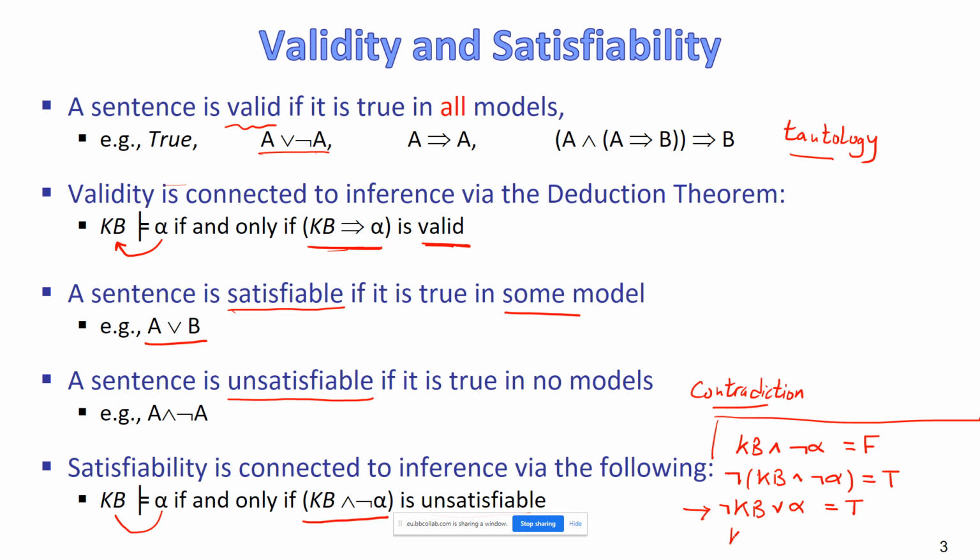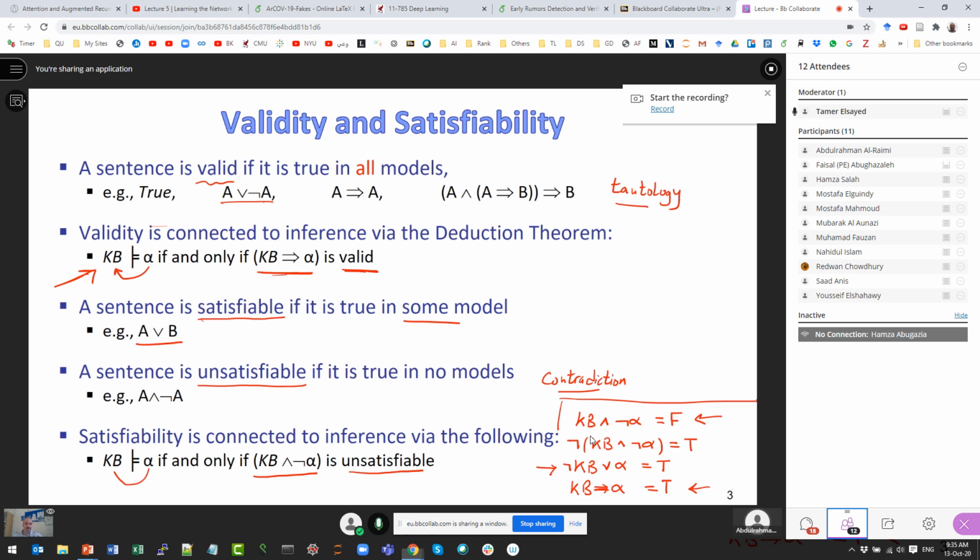This is equivalent to knowledge base implies alpha. So knowledge base implies alpha is true. If we showed that this is false, that means that this is true, which means that alpha is entailed from the knowledge base, as we said here. Of course, the implication here is double. Is that clear? Any question about this?